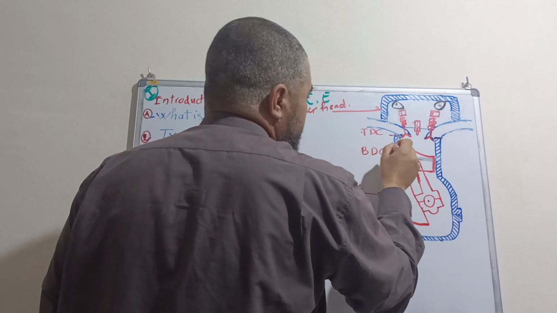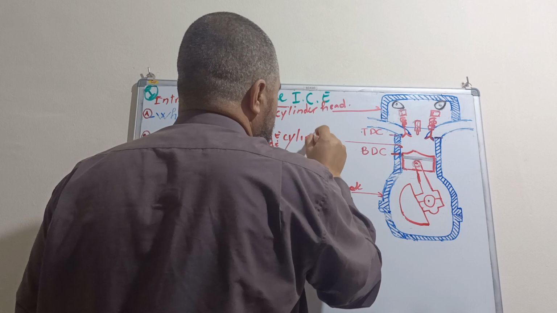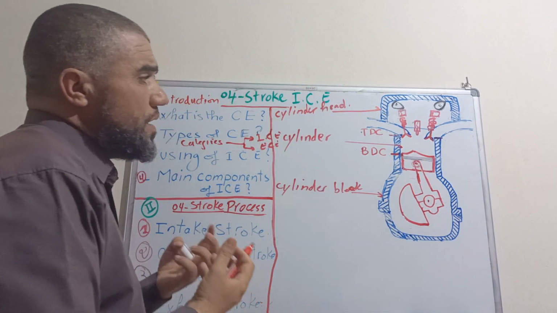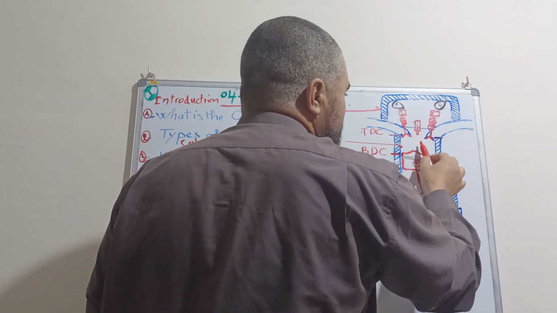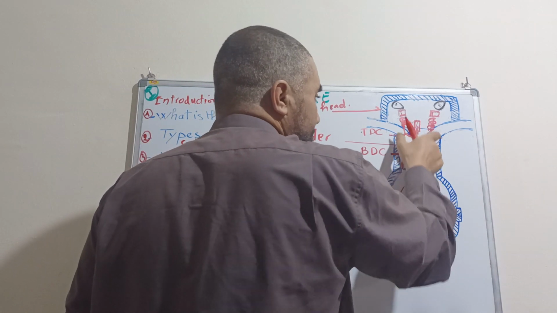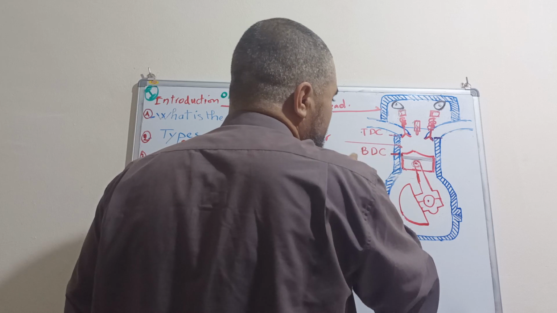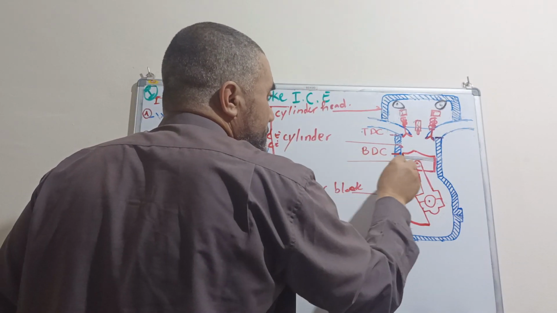Here you can see the cylinder. The cylinder represents the main chamber where the fuel is burned. It also guides the piston up and down, as you can see here, between top dead center and bottom dead center. Also here, this is a moving part, the piston.